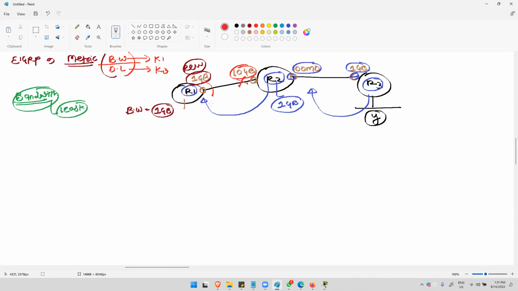Okay. If I say 1 GB bandwidth, delay is how many seconds? 10 seconds. 10 GB bandwidth, delay is how many seconds? 5 seconds. 100 MB delay is how many seconds? 40 seconds. 1 GB delay is how many seconds? 10 seconds. Now we learn delay calculation. Delay is always total.